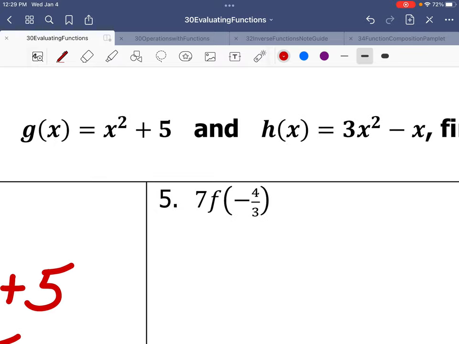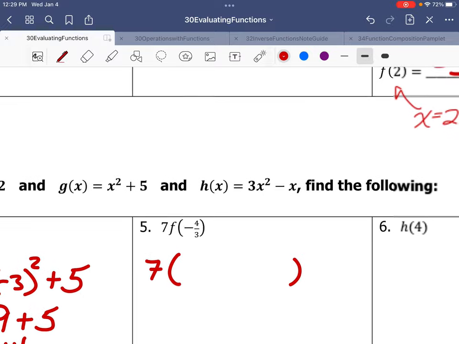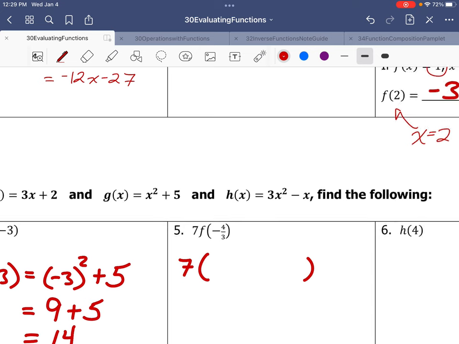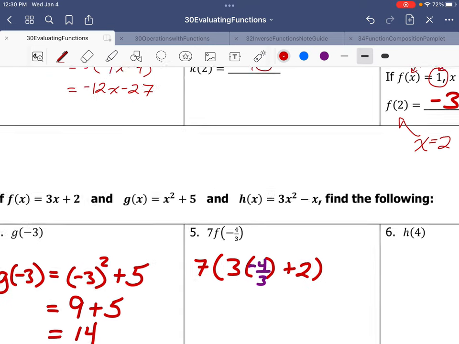7 f of -4/3. Well, 7, kids, is just a coefficient. It's just a coefficient that's on the f equation, so it's going to be in front of my 3. Now my -4/3, and then don't forget the +2.